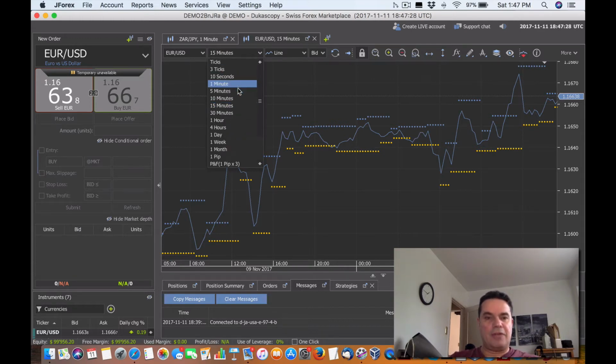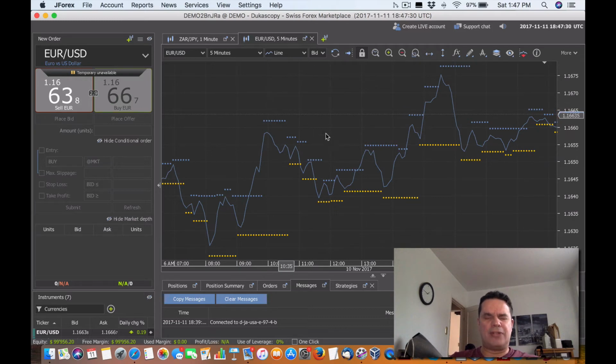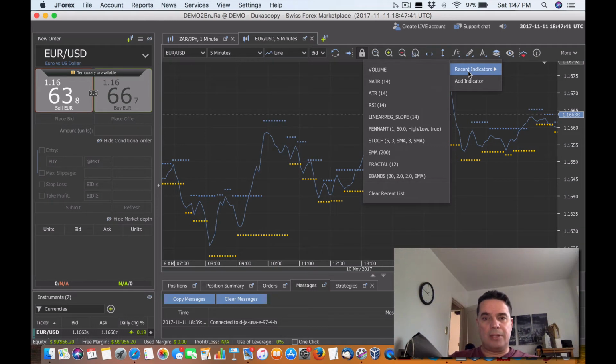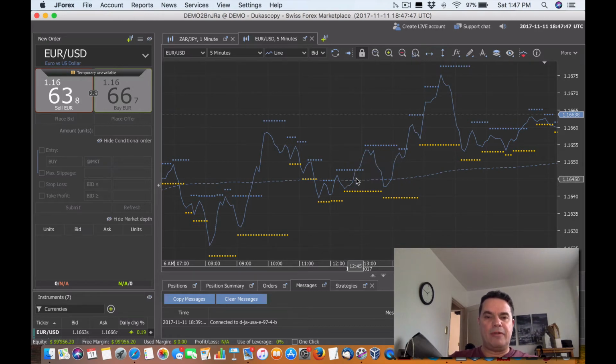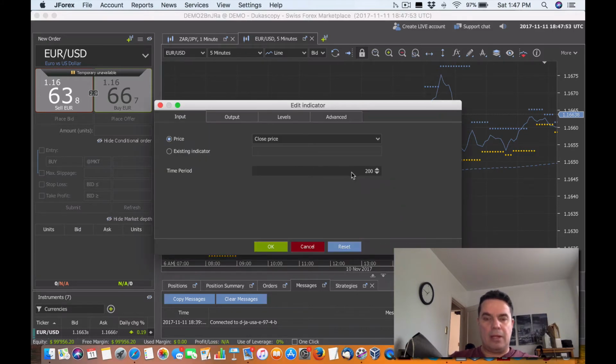So essentially you have to find combinations that work. When you look at the support and resistance of, let's say, 5 minute data, and then we start adding my next indicator, which would be a simple moving average. A simple moving average of 200 might be a little too long for the time period.